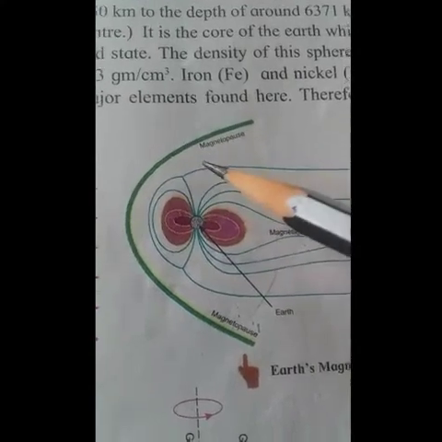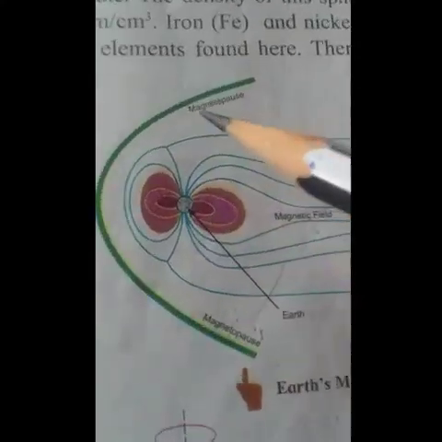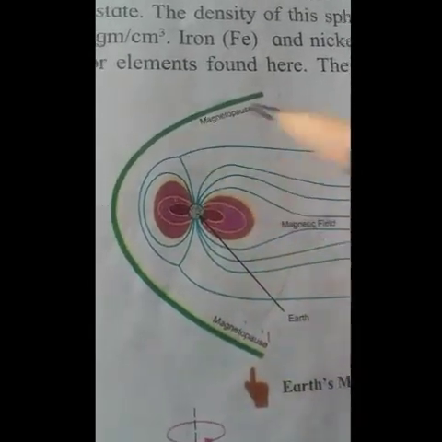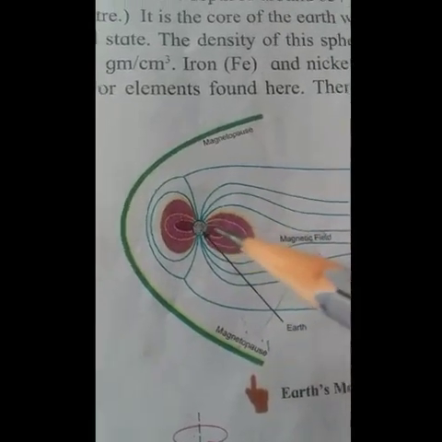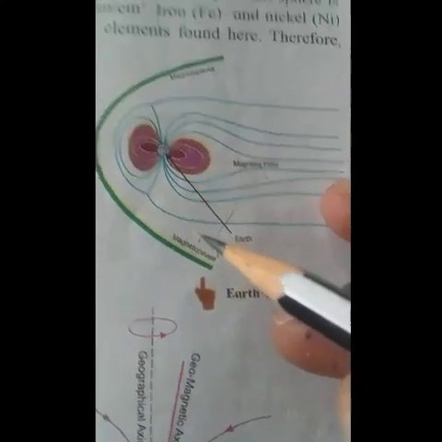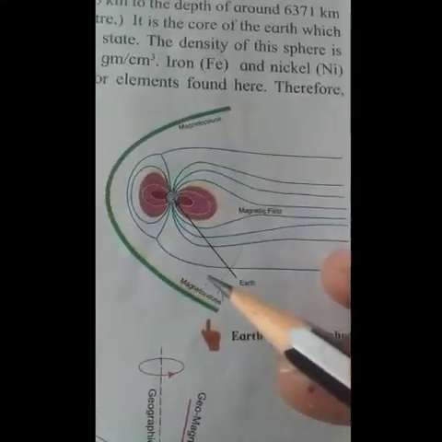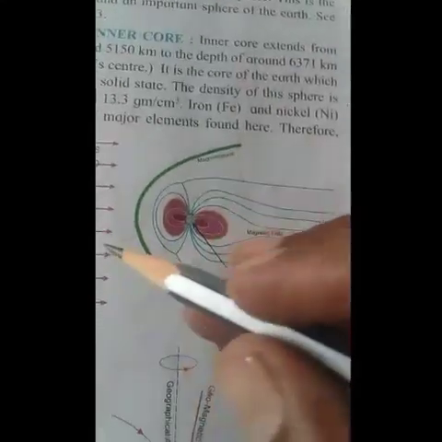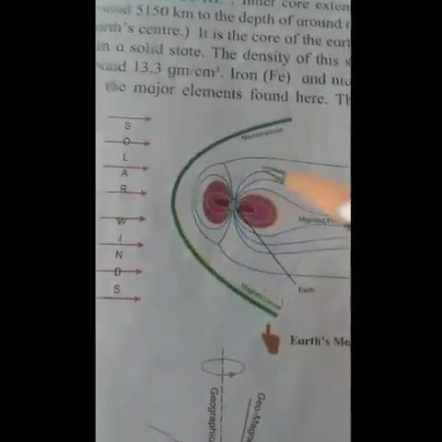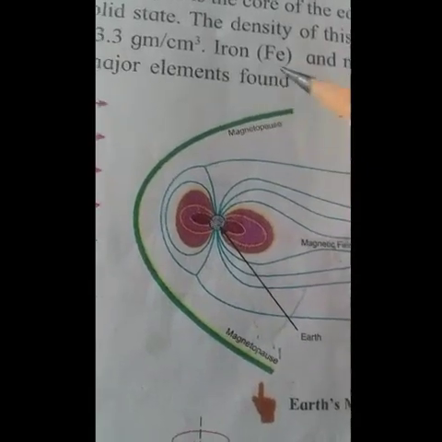Magnetosphere is the fifth and important sphere of the Earth, after atmosphere, hydrosphere, biosphere and lithosphere.